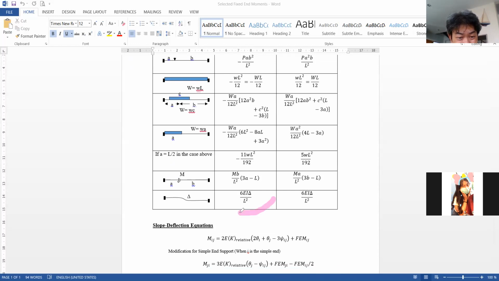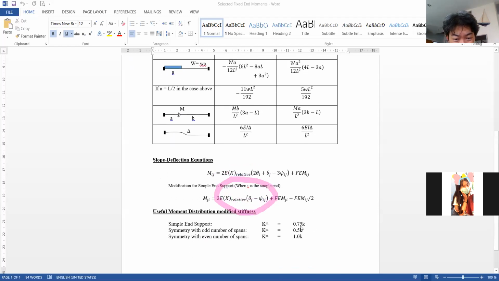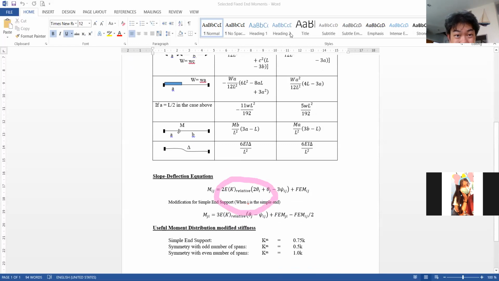It even includes the formula for your settlement. And right here, you see, I also give the K modifier for everything. Symmetry, symmetry. Generally, I don't give you the anti-symmetry because it's very rare for you to have it.